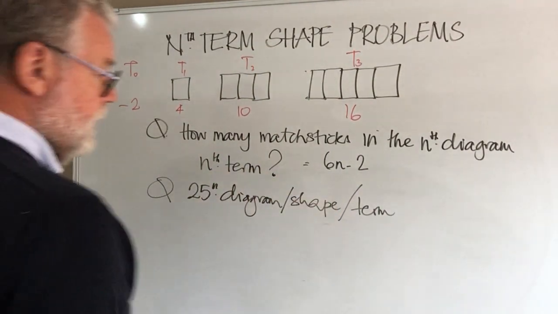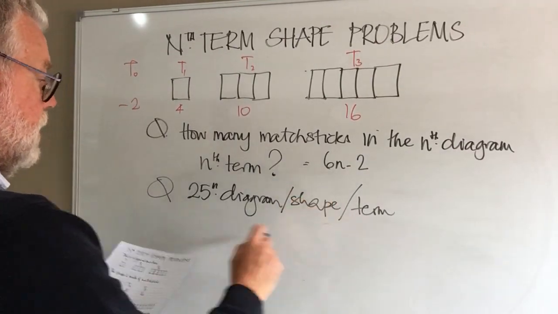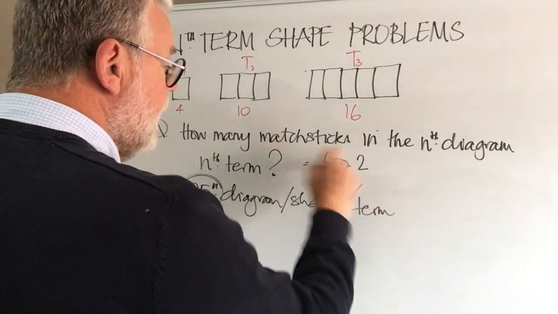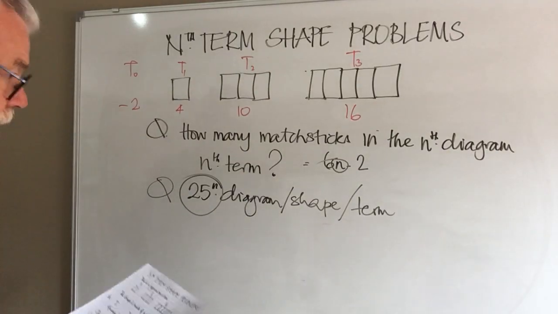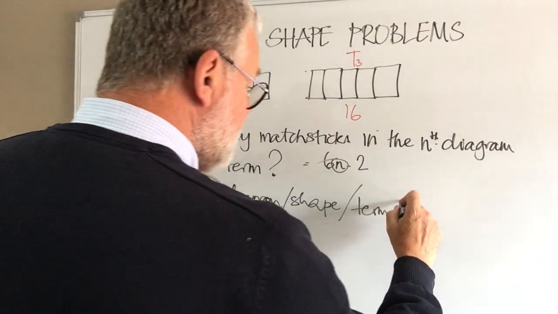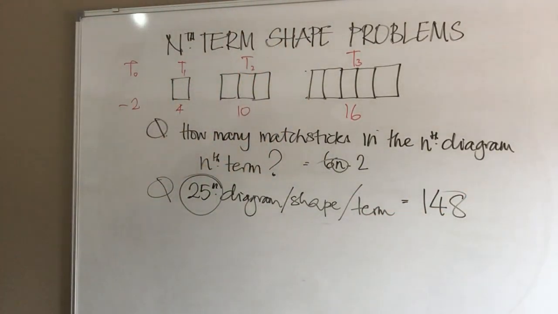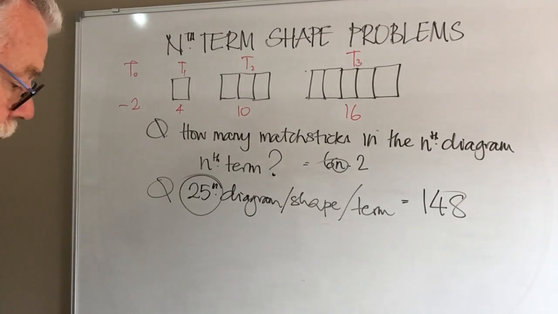So using our information here, we can simply substitute the term value for n. So 6 lots of 25 is 150, take away 2. So in the 25th shape we'd need 148 matchsticks to make that shape.